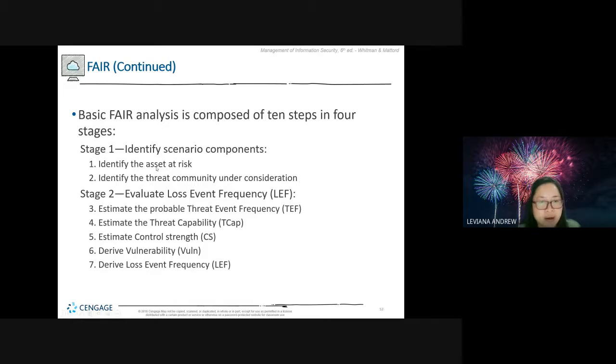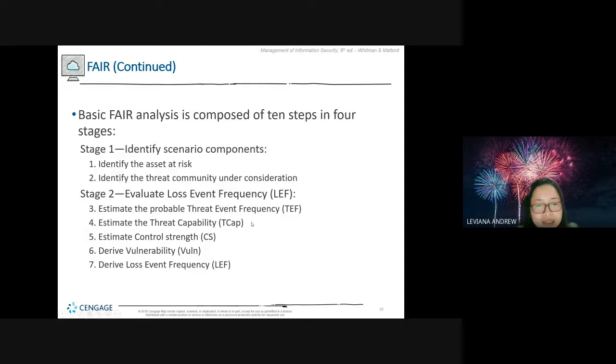Stage 1 in FAIR analysis, factor analysis ni, identify scenario components, whereby you need to identify which asset is at risk and identify the threat community under consideration. Stage 2, evaluate loss event frequency. Loss event frequency, the likelihood of an attack.